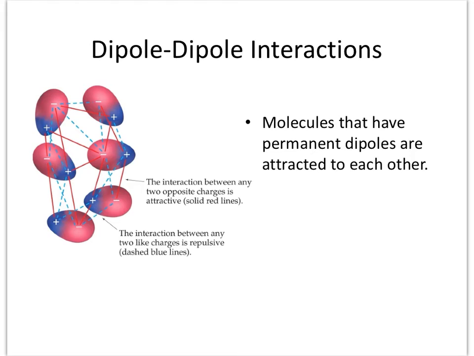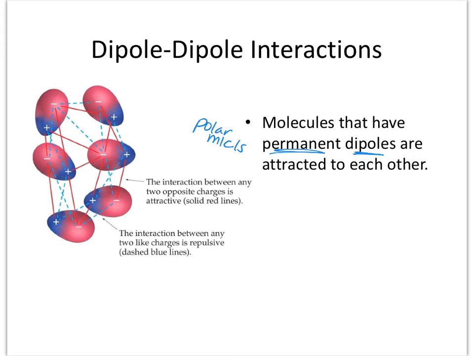Now, if you have actual permanent, real polar molecules, so we're not talking about inducing or temporary situations, but actual asymmetrical molecules, they will orient themselves such that the positive end of one molecule would interact with the negative end of a neighbor.